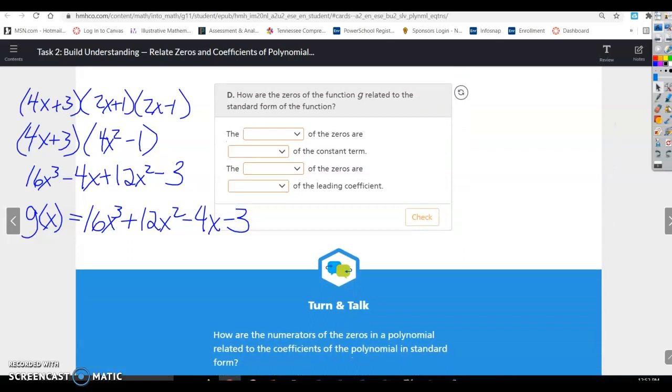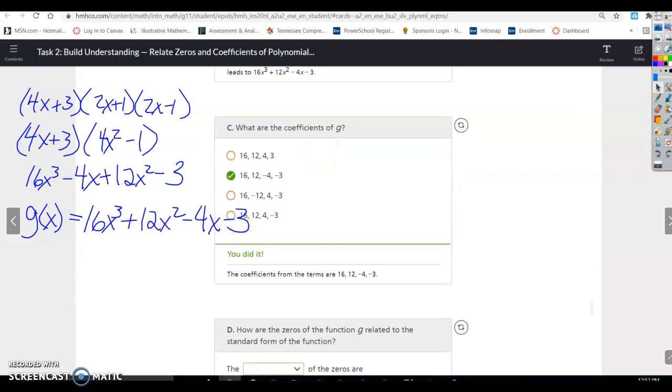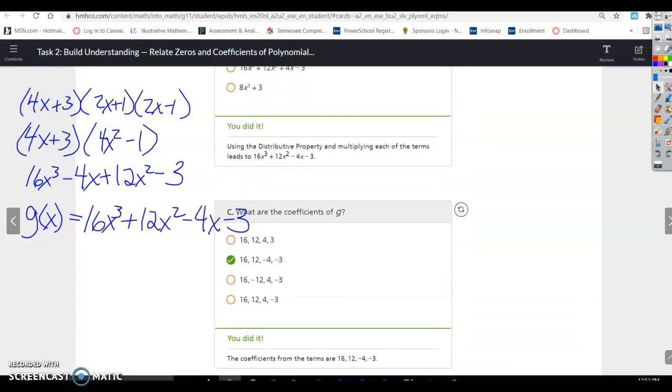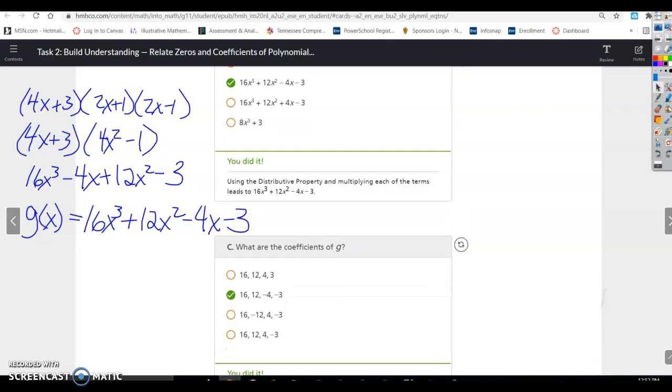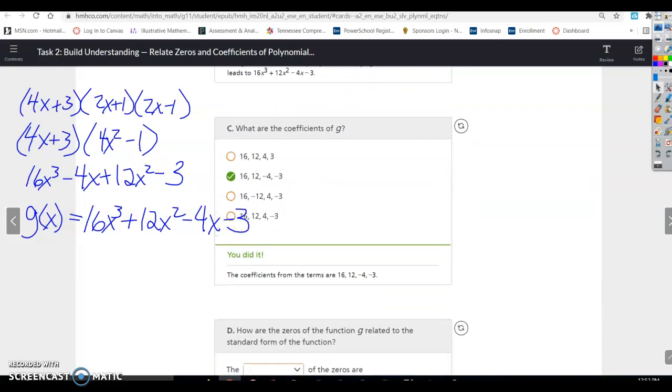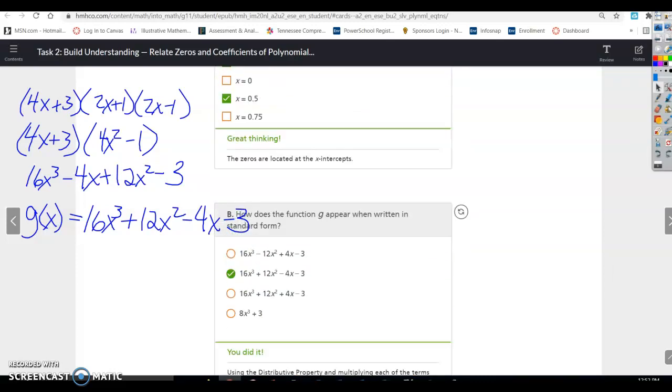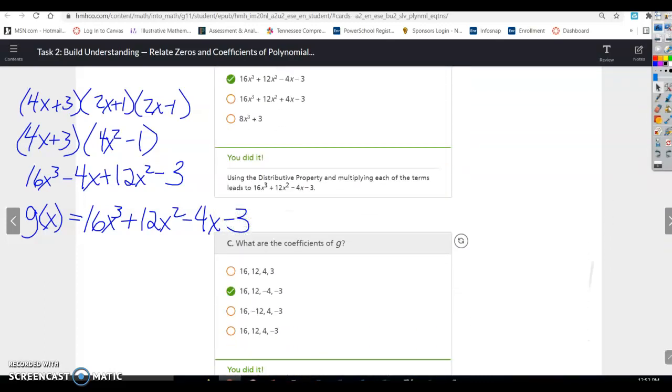All right, how are the zeros of the function g related to the standard form of the function? Let's see what our choices are. The blank of the zeros are blank of the constant term. All right, so that was on the screen before when I wrote down what the factors were.